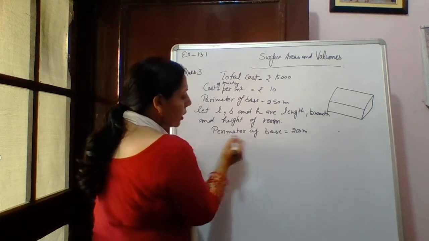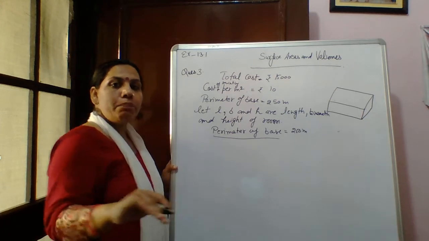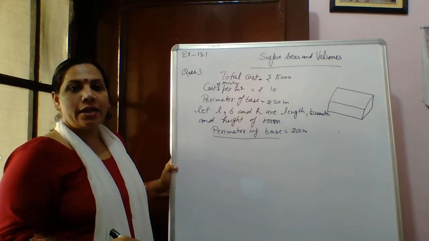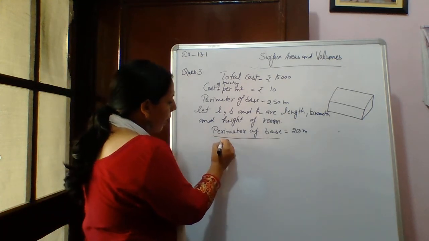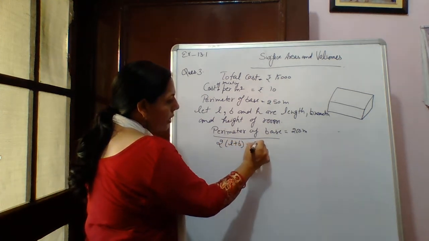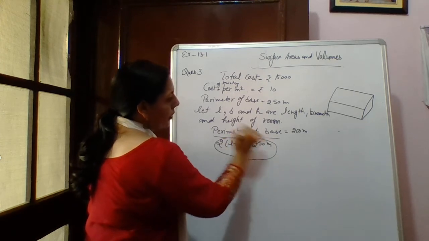But what can you write in place of this? Use the formula. What is in the base? That is a rectangle, and that rectangle has the sides length and width. So what is the perimeter of a rectangle? 2 into (L plus B) is equal to 250 meters.